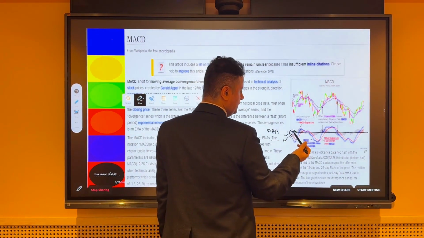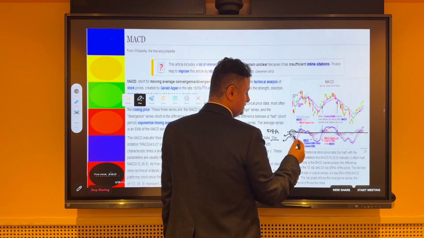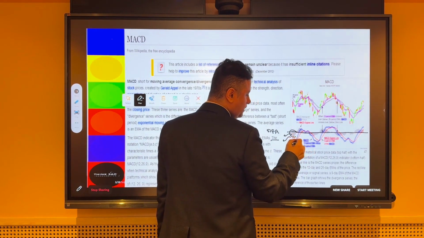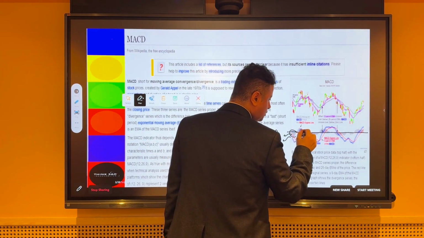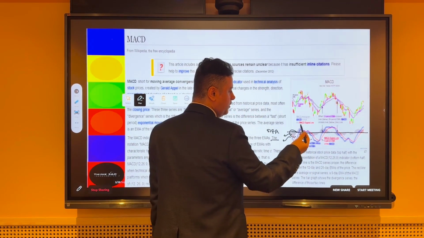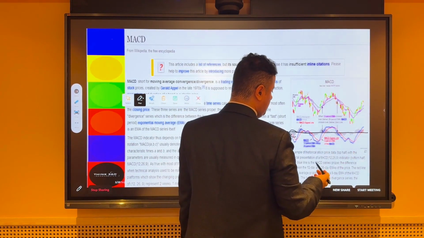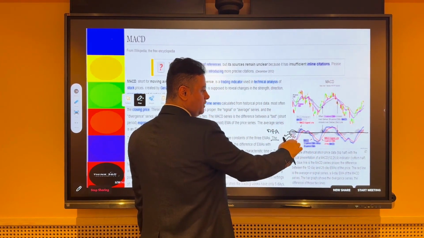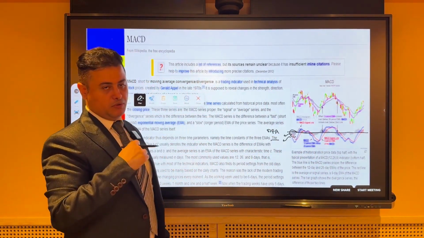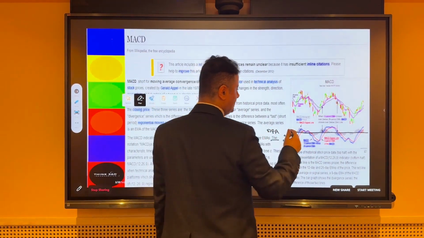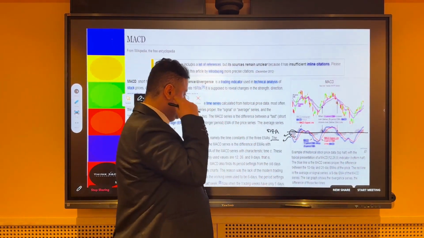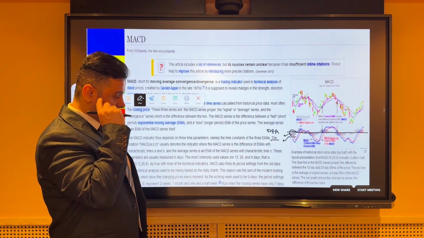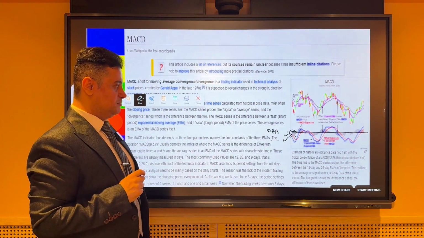That is, it can be said that the interaction of these two lines creates the histograms. Above and below the zero line, the histograms are created, and after you have drawn the MACD, these two lines have fulfilled their function and are then removed from the chart. We can later see the desired signals on the MACD histogram.